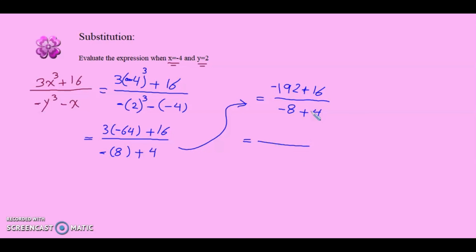So if you calculate top, it would be negative 176, and at the bottom you have negative 4. Okay, last step, divide top by bottom. 176 divided by 4 would be 44. Negative divided by negative would be positive. Therefore, this is the final answer.